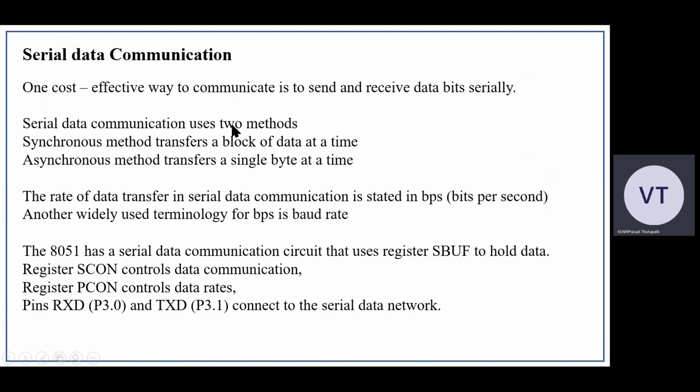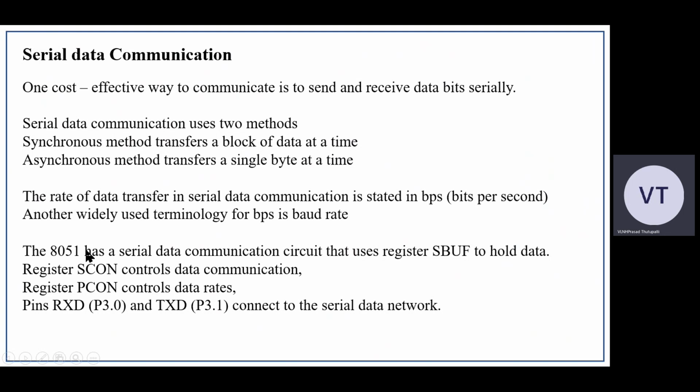Serial data communication uses two methods: the synchronous method and the asynchronous method. The synchronous method means sending a block of data, a huge amount of data, at a time. The asynchronous method means one bit after the other: after sending the first bit, then the second bit, then the third bit, like that.